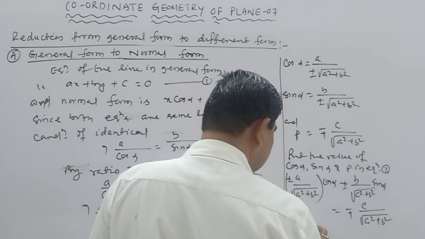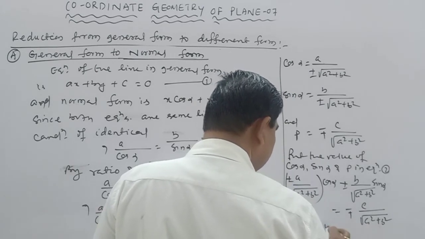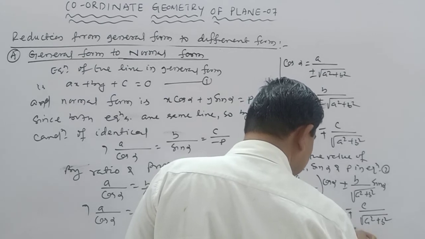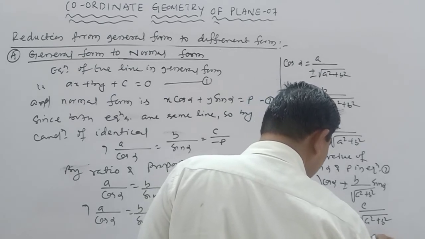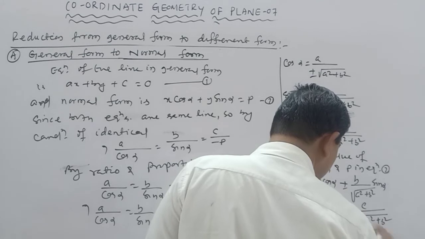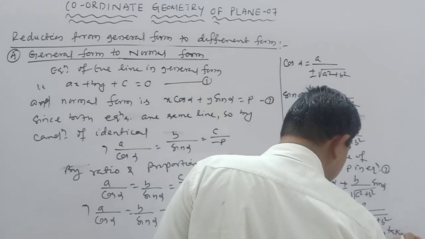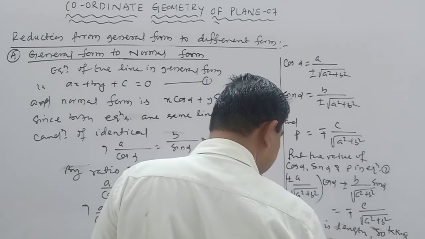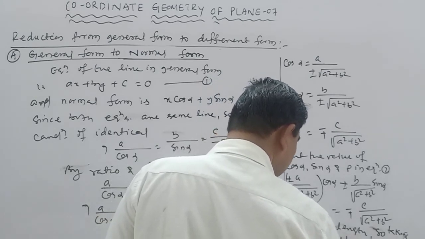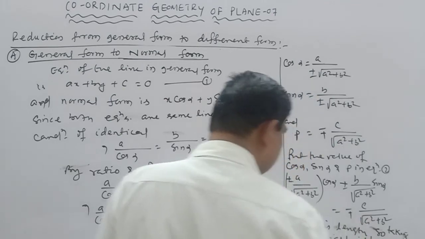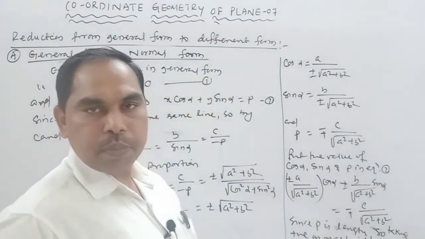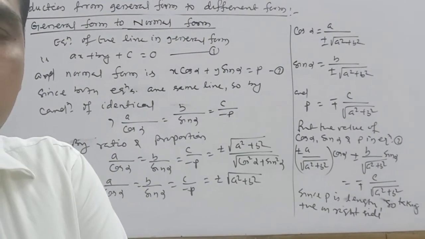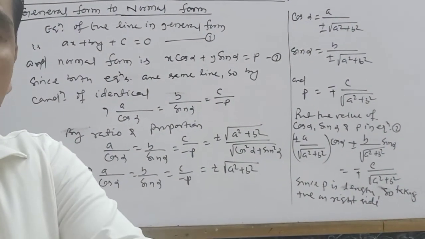Since p is a length, taking the positive sign on the right side, which is in normal form.